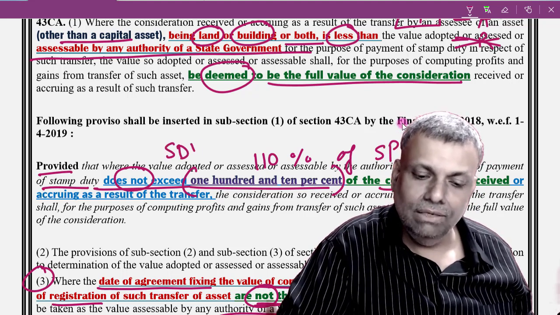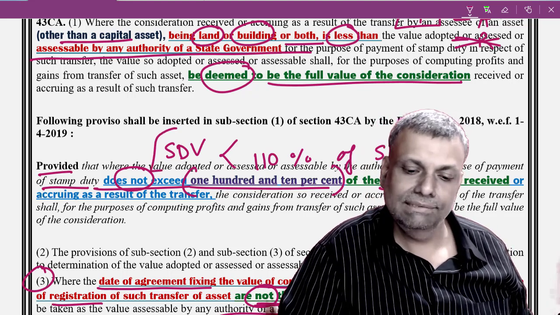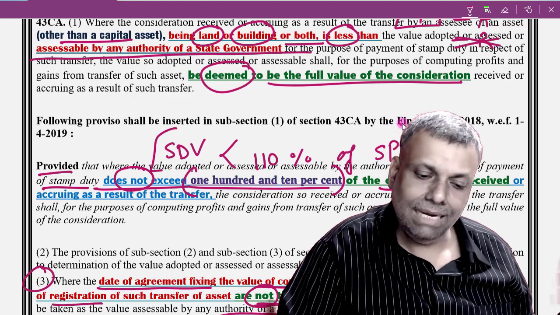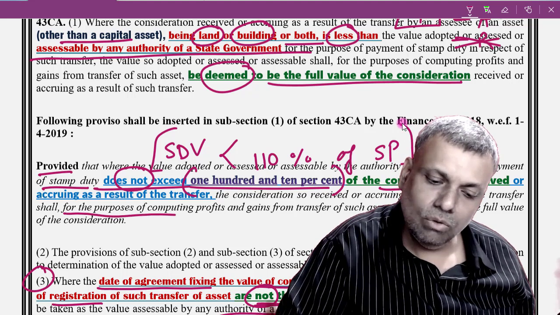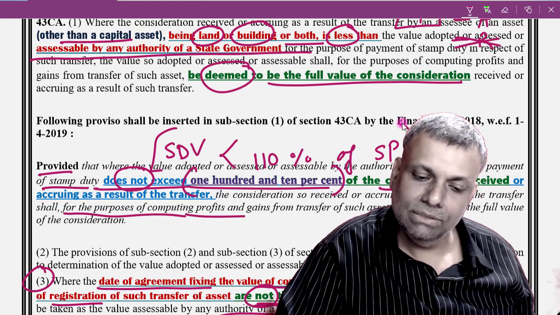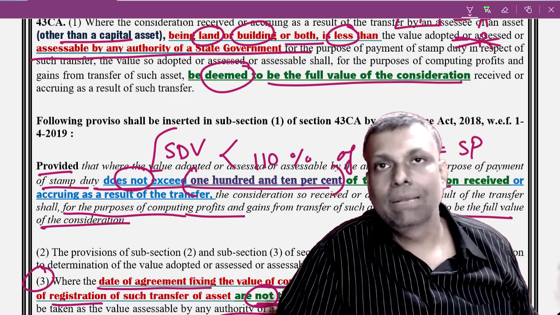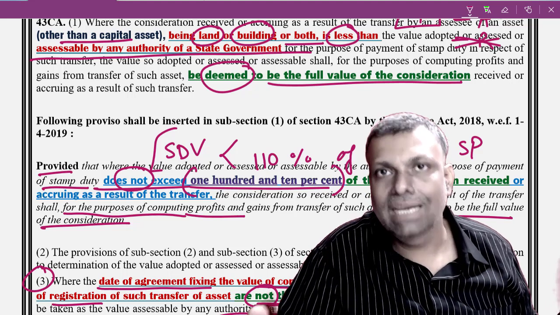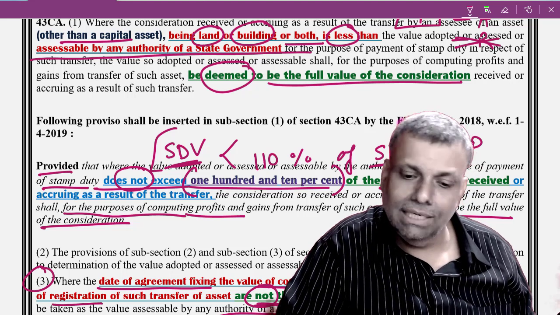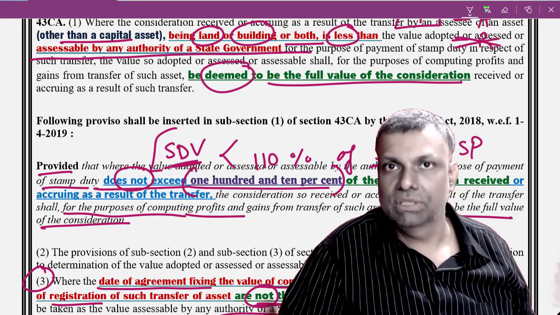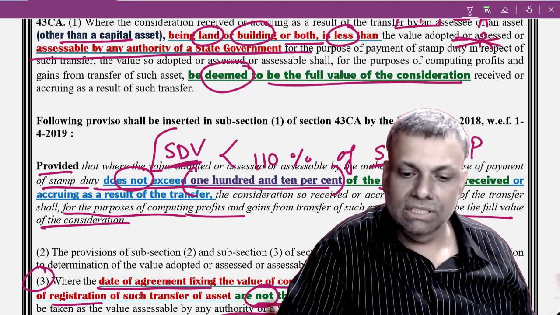So if the stamp duty value is less than 110% of the actual selling price, in that particular case, whatever consideration you have got will be deemed to be the full value of consideration. That means we will not consider stamp duty value as the relevant value. But the difference between the stamp duty value and the actual selling price should be within a range of 10%, or you can call it 110% of the selling price. So this is one test.